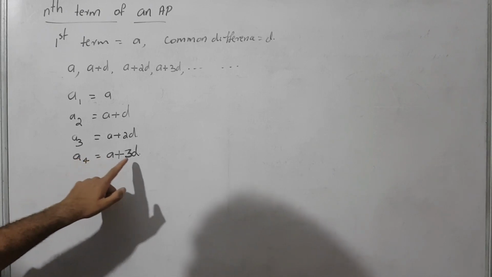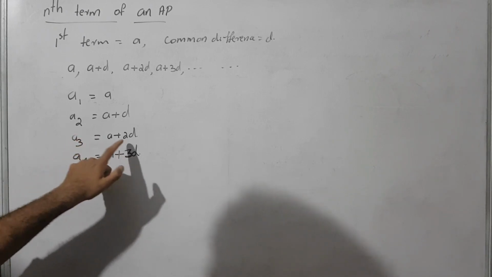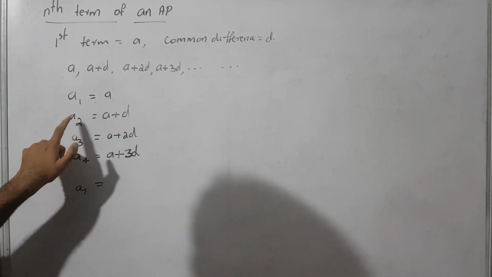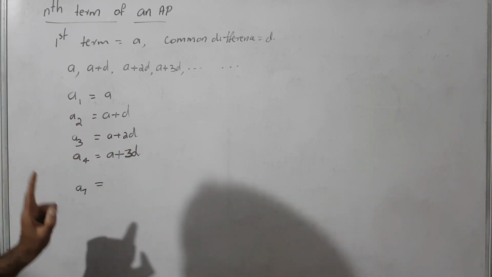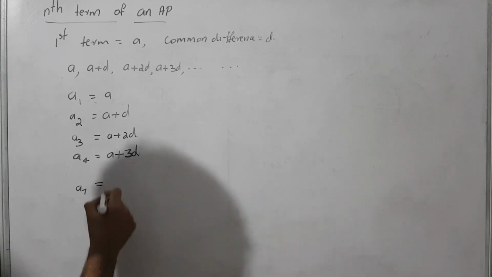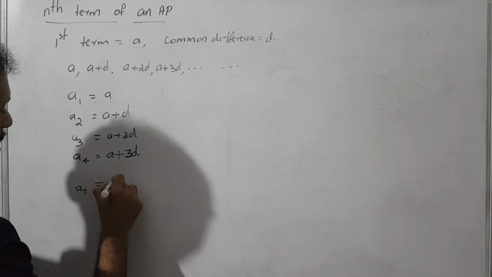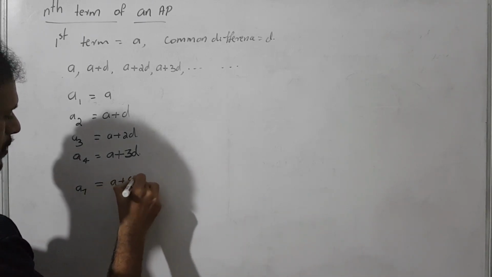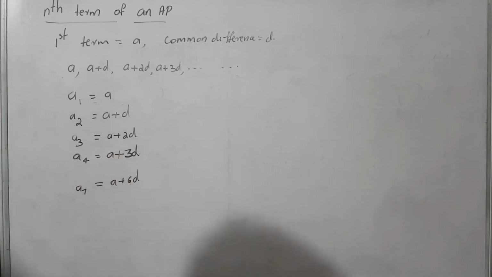Fourth term 3 times, third term 2 times, second term 1 time. For the seventh term, now it is very clear, we add the common difference 6 times to A, that is A plus 6D, correct? Then as like this, etc.